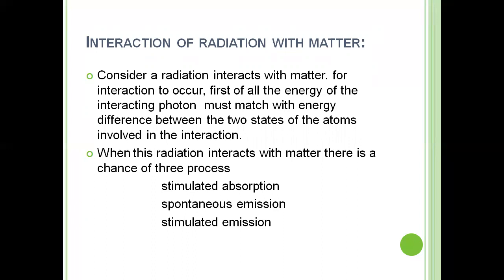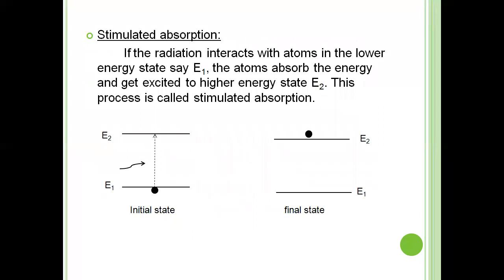Coming to the first process, stimulated absorption, if the radiation has an energy comparable to the energy difference between the two energy levels of the atoms involved in the interaction, then when this photon of energy E interacts with the atom in the lower energy level, the atom absorbs that energy and gets excited from the lower energy level to the higher energy level. As the atom is stimulated due to the interaction of radiation, the process is called stimulated, and here the energy is absorbed by the atom, hence the process is called stimulated absorption.